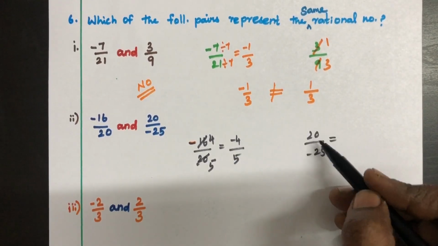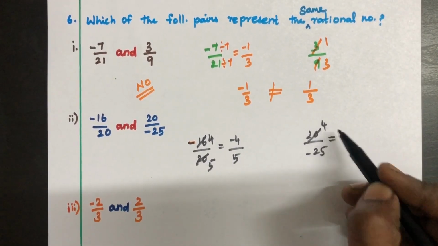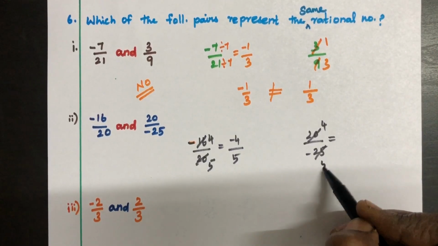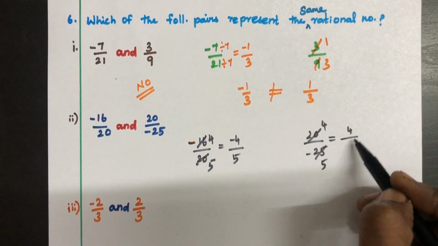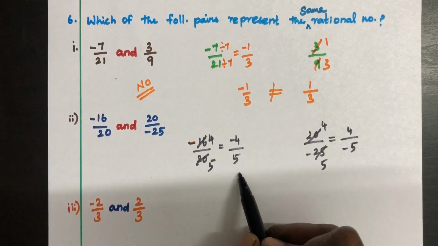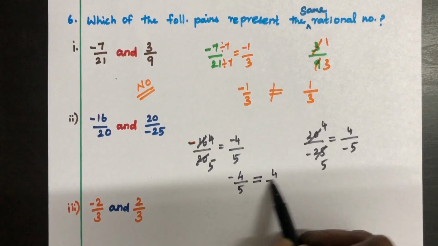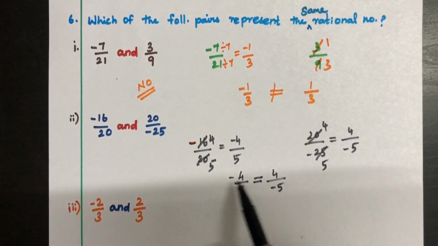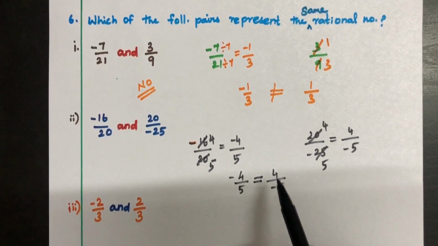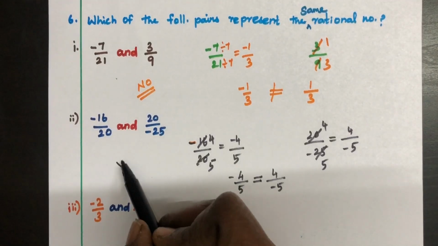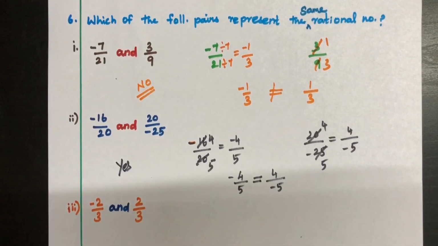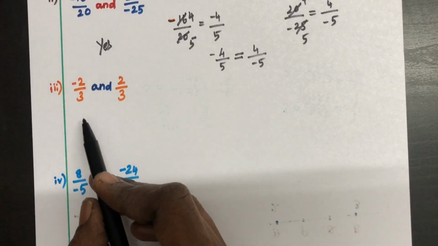Here using 5 we can divide. 20 by 5 is 4, 25 by 5 is 5. This is 4 by minus 5. See, minus 4 by 5 is equal to 4 by minus 5. So wherever you have negative signs, that's not a problem. Both are equal only. So it is the same. Next sum.